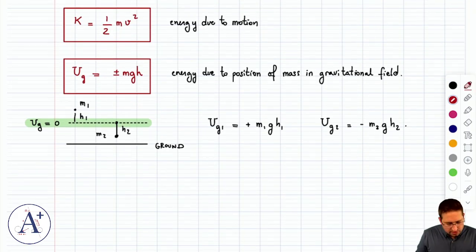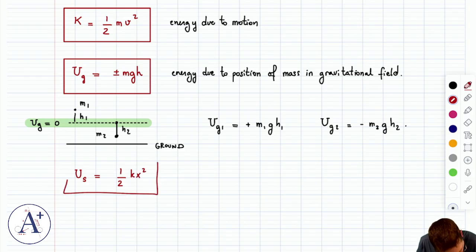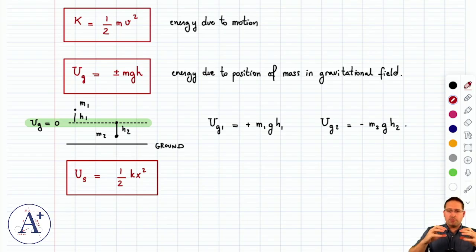Okay, so then the other potential energy that we have to deal with is what's called the elastic potential energy, and I'll call it U sub S because S is for spring. This is the energy stored in a spring. So it's still potential energy, as in it's energy due to position, because, well, if you're a block attached to a spring, your position affects how much the spring is stretched or compressed.